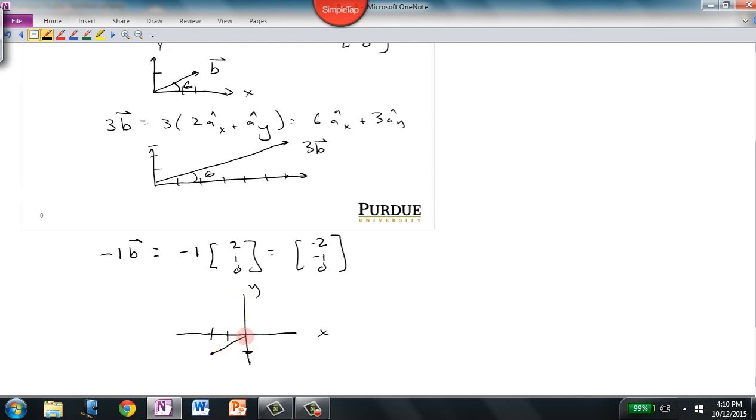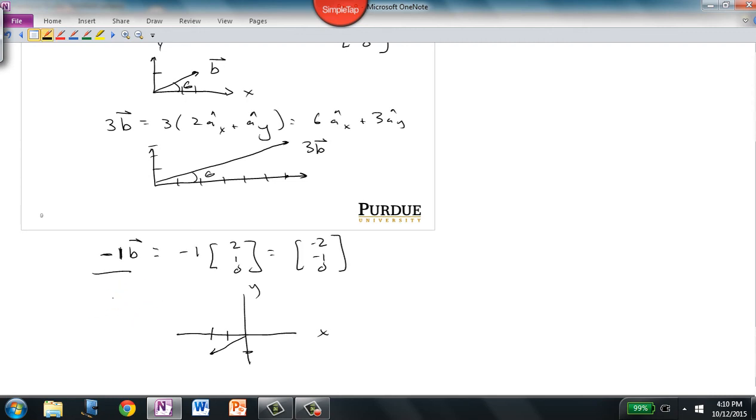That's the point right there. From that, you see that multiplying a vector by a negative number rotates the vector by 180 degrees. So it did change the angle. Sometimes scalar multiplication can change the angle when the scalar multiple is negative. It did not, however, in this case change the magnitude. Now, if I had multiplied by minus 2 B, that would change both direction and magnitude.